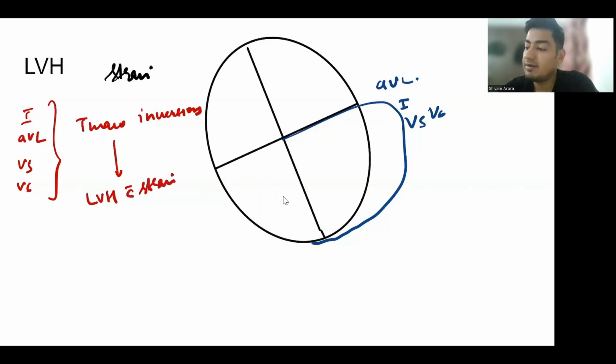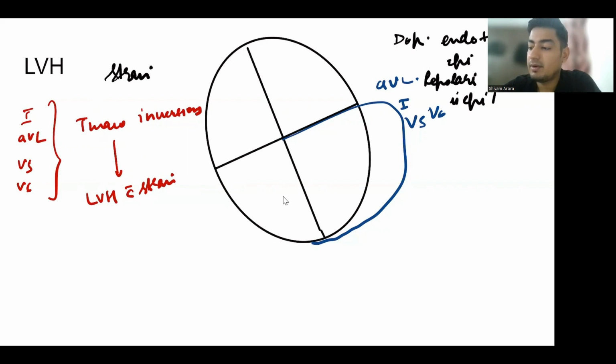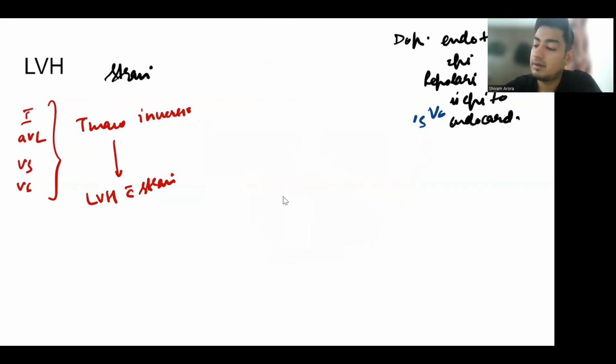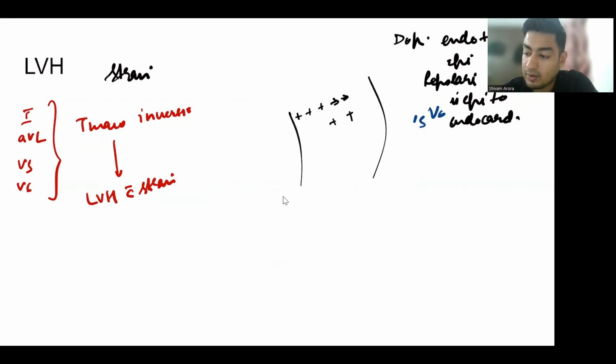Now, why are there T-wave inversions in these leads? The direction of normal depolarization is endocardium to epicardium. Okay. The direction of repolarization is epicardium to endocardium. Now, here, when LV hypertrophies, the direction of depolarization is like this, going from endo to epi. In normal myocardium, repolarization will begin from epi and then go towards endocardium.